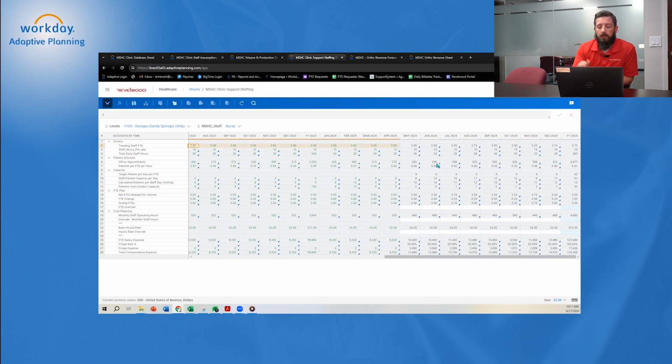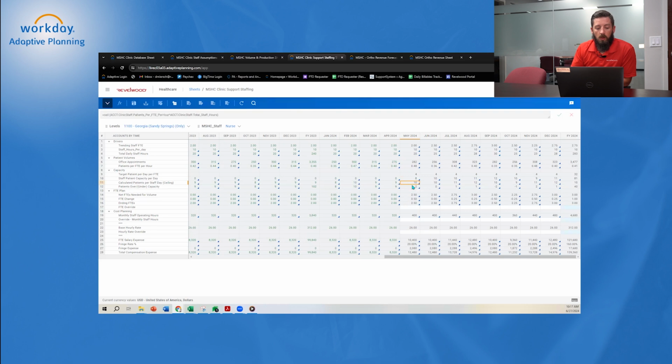The important thing you're going to see here is that we're looking at the previous month's trending FTE, and then looking at how many patients we are expecting to come from volume to this office for the given month. Convert that to a metric of hours, go back to our patient staff assumptions in the other assumption sheet, and that gives us basically what our capacity is versus what our target is.